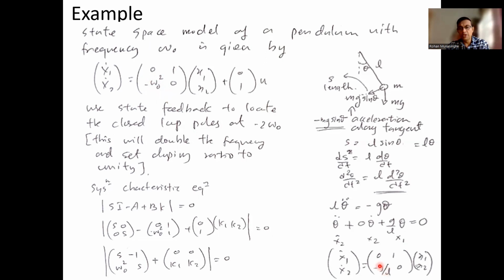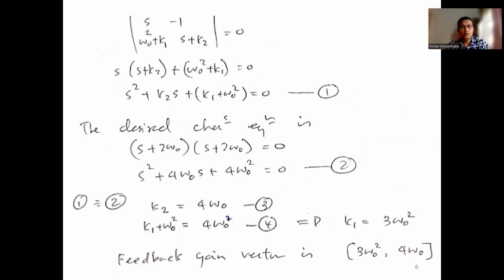So whatever comes over here, square root of G over L, is the frequency of oscillation. And now we want to double it to make it go fast. So you're designing a state feedback controller for that. Okay. So the desired characteristic equation would be this: s plus 2 omega 0, s plus 2 omega 0. When you multiply, you get this one, equation number 2.